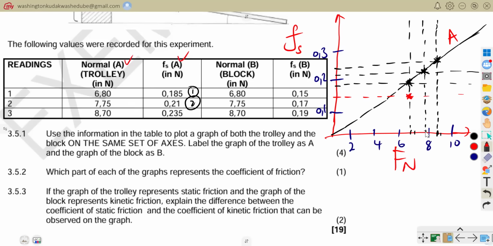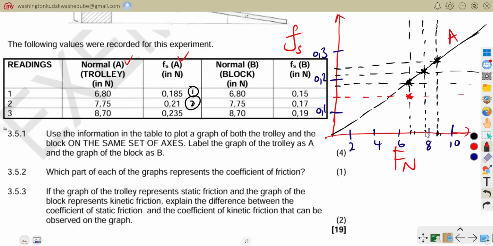Here they said 0, 1, 2, 3, 4, 5, 6, 8, 9. And you can see that they plotted these. This is for B, this is for A. So you can see a smooth straight line there, a smooth straight line there. So you just need to draw a line of best fit.